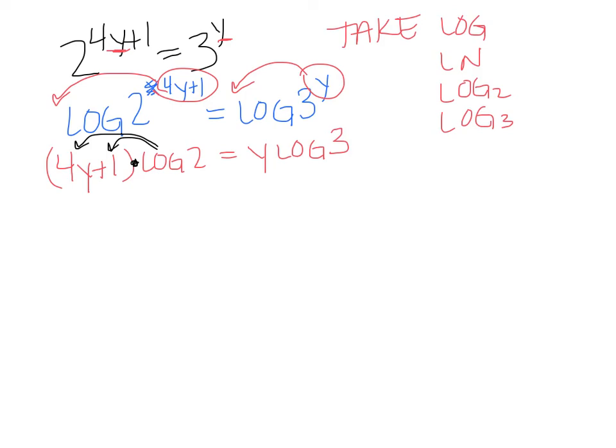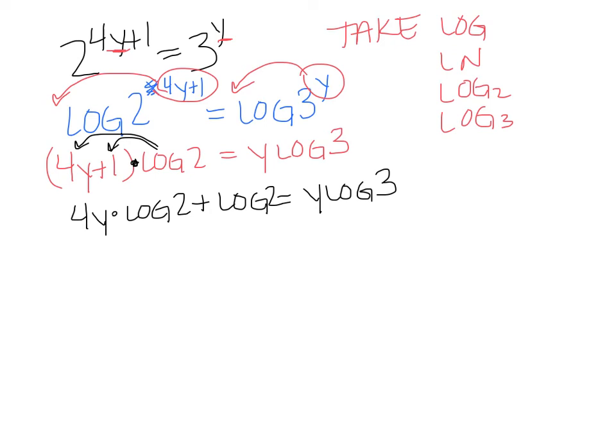So now I have 4y times the log of 2 plus 1 times the log of 2, which is just the log of 2, equals y times the log of 3.